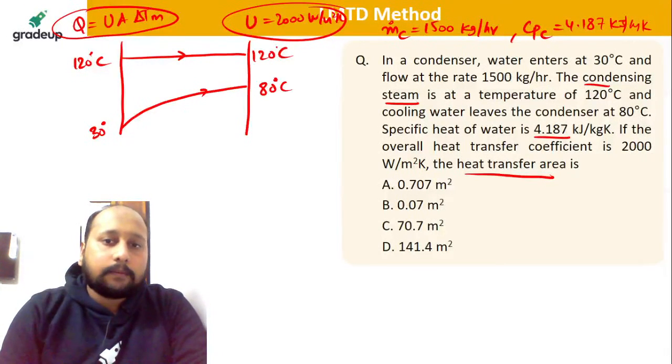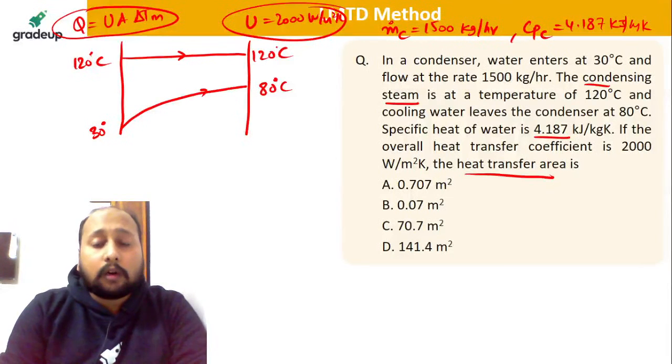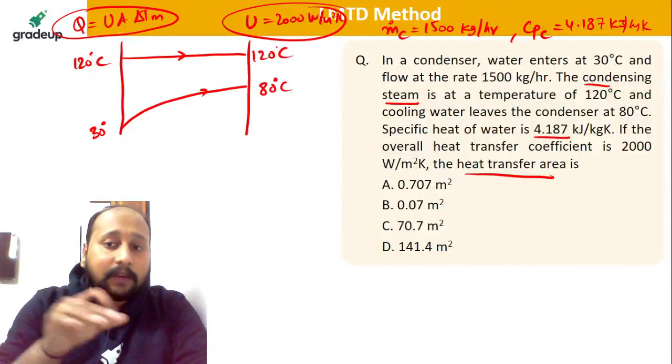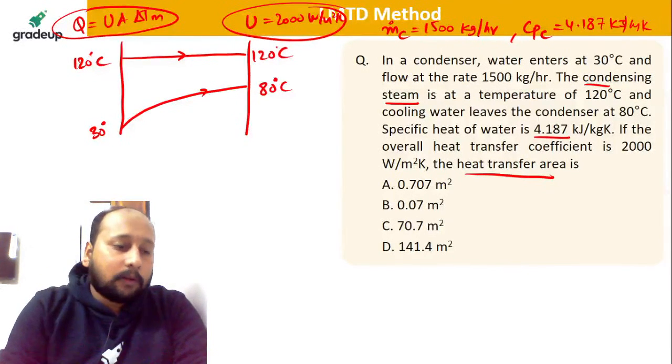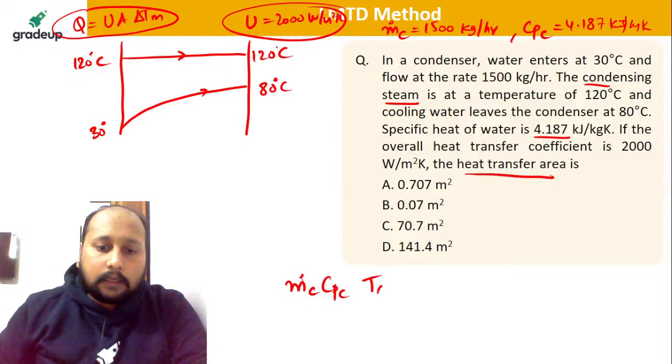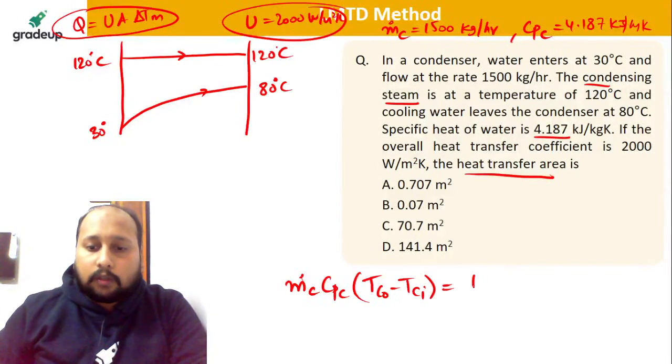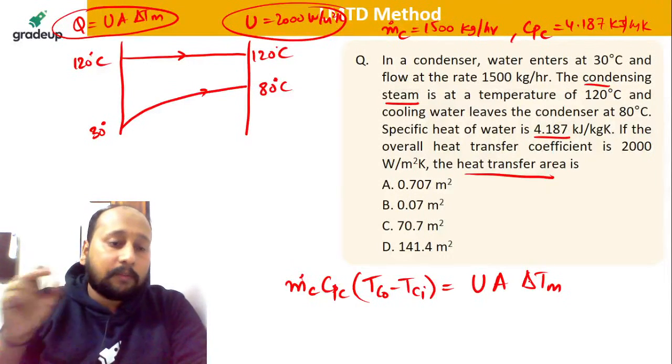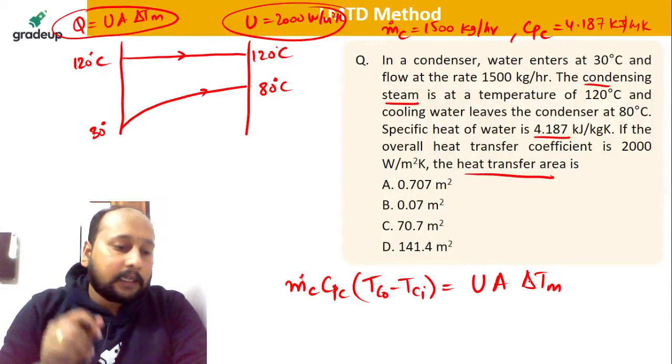We know that the mass flow rate of the cold fluid and its specific heat is given, and also the temperature rise is given. So I can directly relate it as m dot c cpc into Tco minus Tci is equal to U into A into delta Tm. If I manage to get the value of delta Tm, I can get the value of area.